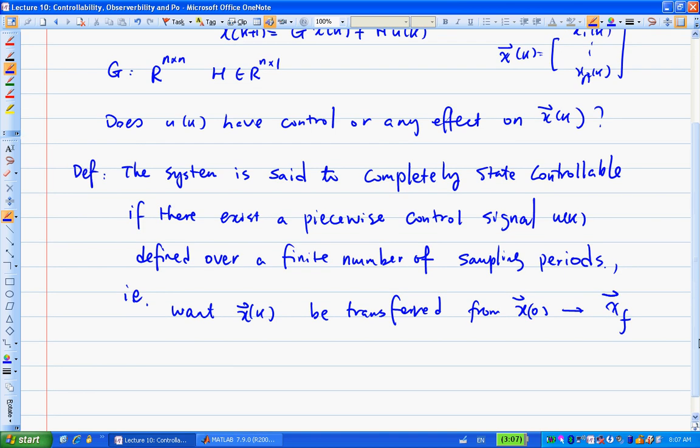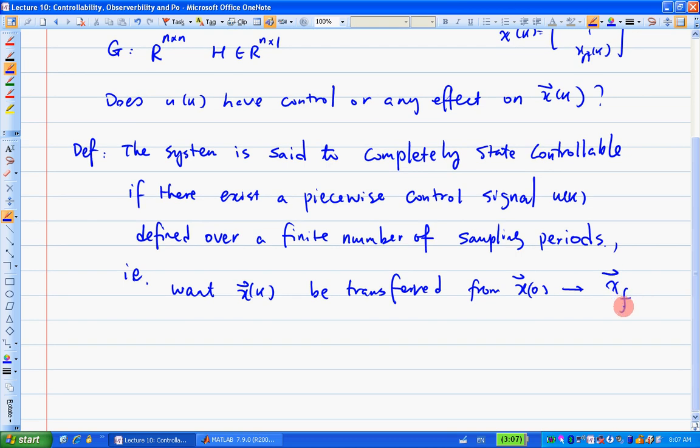We don't know what this final state is, but it may be defined by the user.